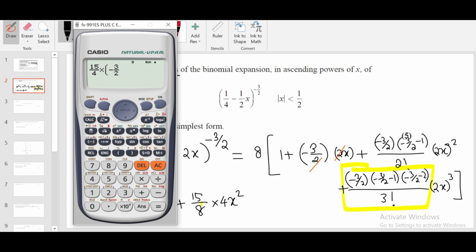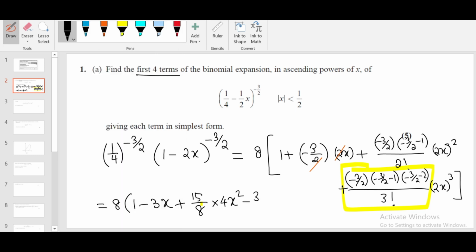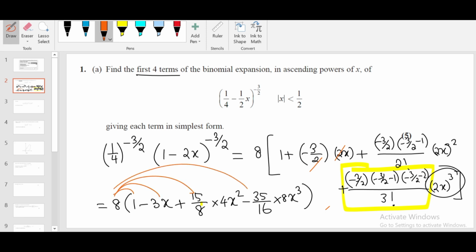Then divided by 3 factorial, which is 6, so we get negative 35 over 16. Okay, negative 35 over 16. 2 cubed x cubed is 8x cubed. That's all. Now you just need to simplify it further and then multiply each and every term by 8.